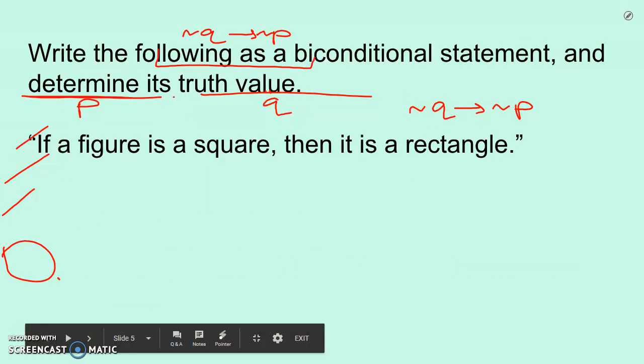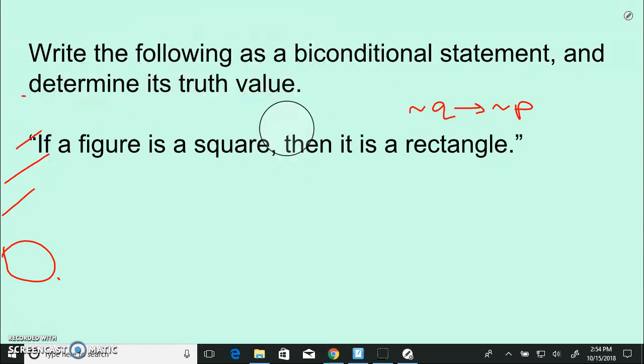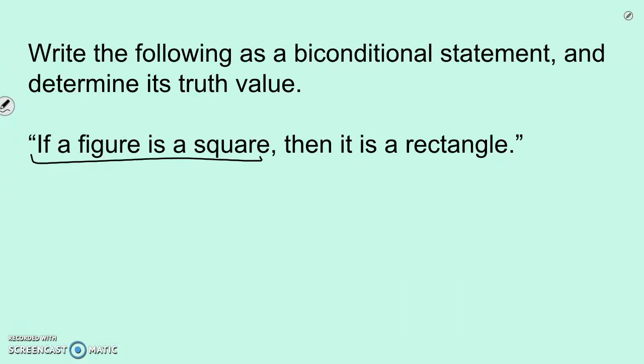So for this one, write the following as a biconditional statement and determine its truth value. If a figure is a square, then it is a rectangle. So if a figure is a square, that's P, then it is a rectangle, that's Q. If we want to write it as a biconditional statement, that means it's going to be an if and only if statement.